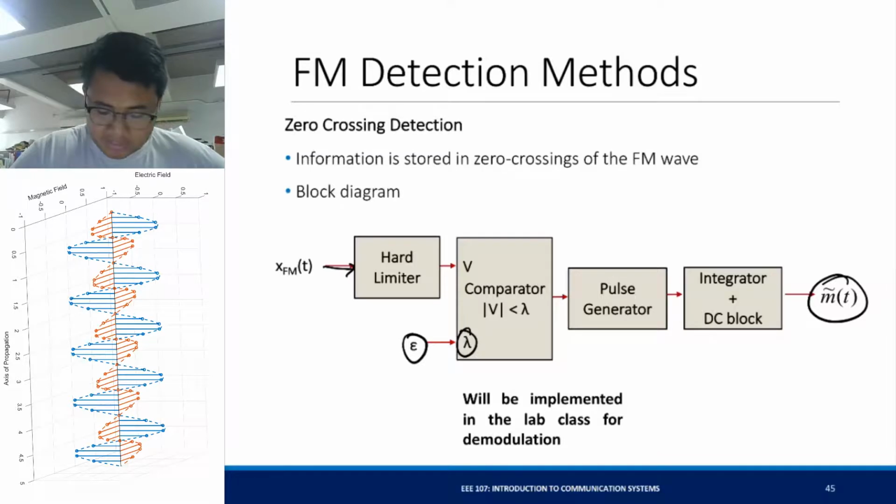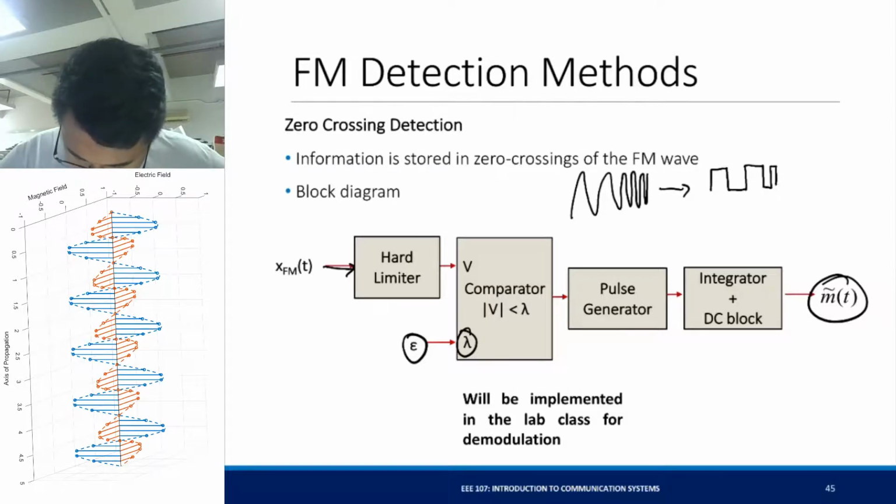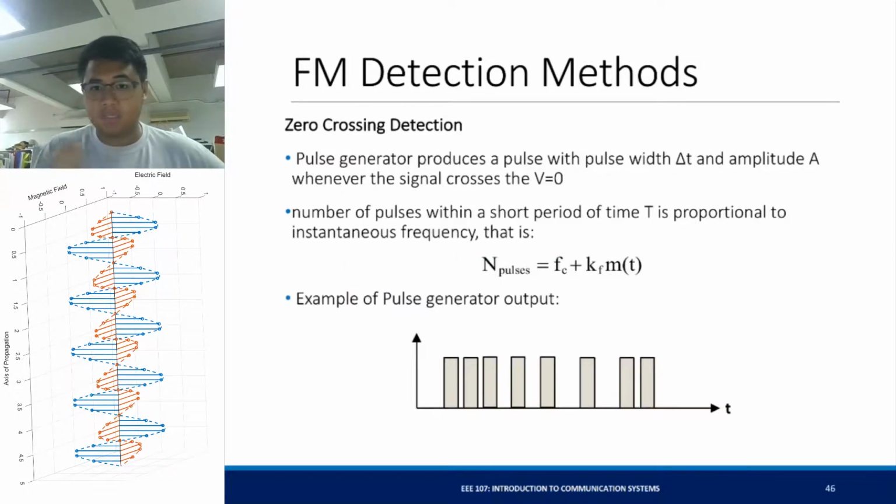Okay, so for example, this is your FM wave. The pulse generator output will be something like this. And if you integrate that and add a DC block, you'll be able to recover your message signal. Right, so this is how it works.